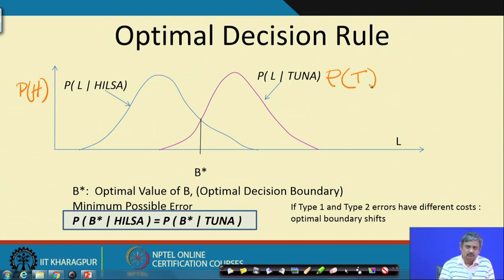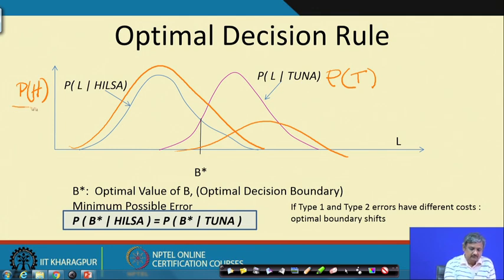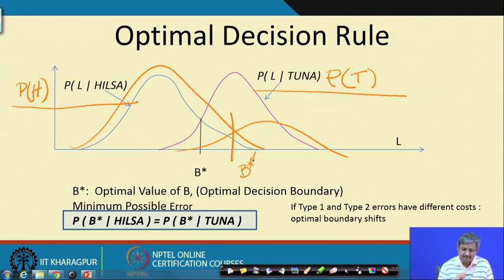If P Hilsa equals P tuna, the curve remains as it is. If P Hilsa is greater, this curve goes up, the other curve goes down, and vice versa. So, I scale the class conditional by the prior, and my new B star is the place where these multiplied curves intersect, that is my B star prime.